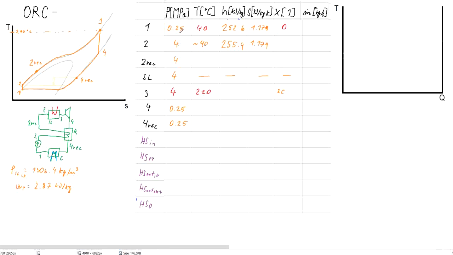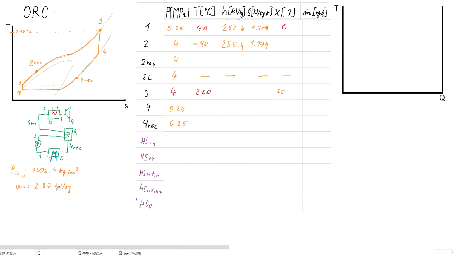Now, because it's high pressure difference, if we would do the precise calculation with the entropy and pressure, the value would be 255.45. Now it's 255.44, and the work of the pump 2.88.